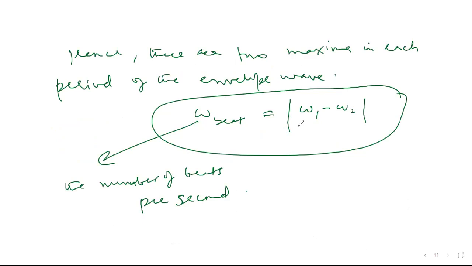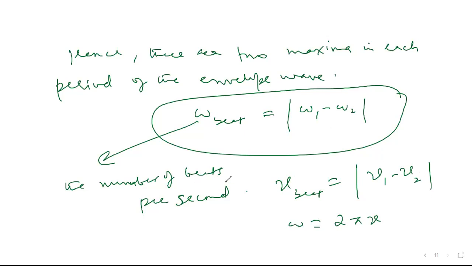So number of beats per second, this is actually, we are talking in terms of angular frequency. If we talk in terms of the number of beats per second, then you talk of nu beat. I should write it, nu 1 minus nu 2. You know omega is 2 pi nu. So omega beat is actually 2 pi nu beat, right? Omega 1 is 2 pi nu 1 and omega 2 is 2 pi nu 2.